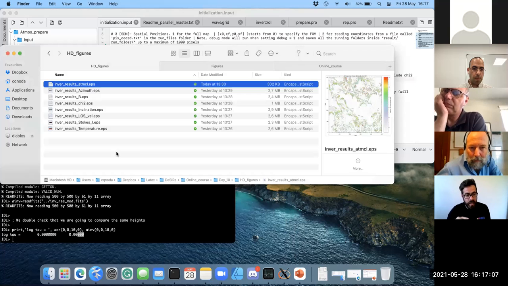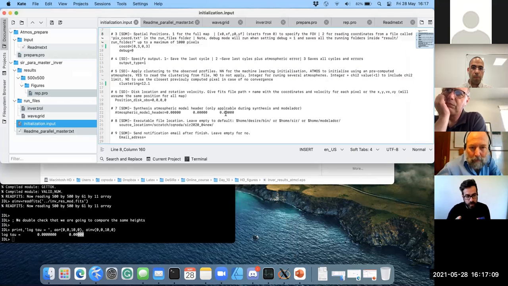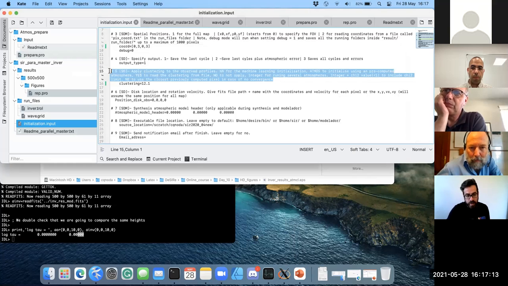The two modes where you really do some real clustering: one is when you use the neural networks, and for that you need to already have the pre-computed model. We already have it for 2 lines, but our goal is to increase this database with more lines, as soon as we have more inversions available. And the other one is simpler than that. The code just accepts indexes for each pixel.